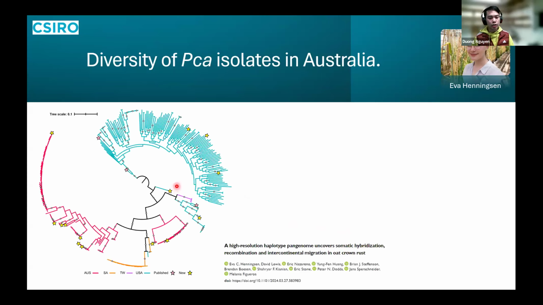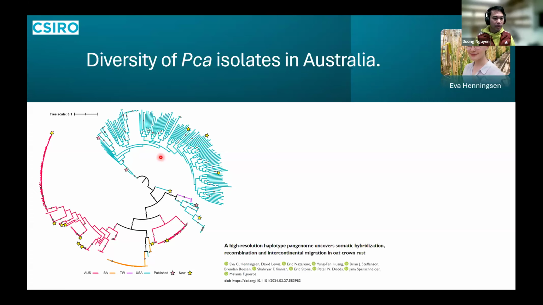So the first one shows you the diversity of the PCA isolates across four different countries: Australia, South Africa, Taiwan, and USA. On the top here is the result for the phylogenetic tree for the USA PCA isolates.